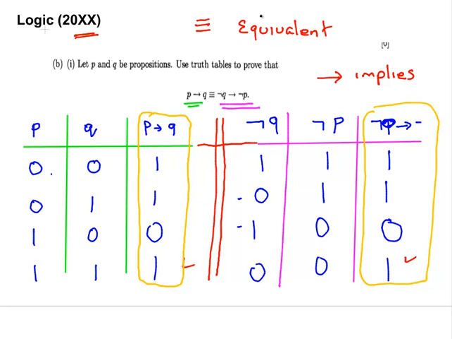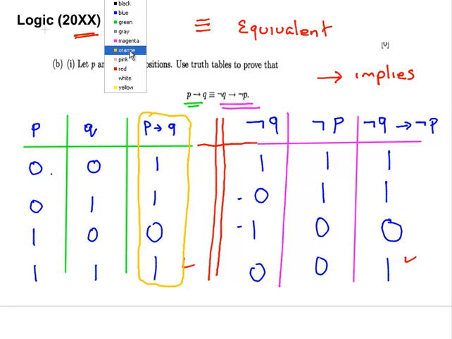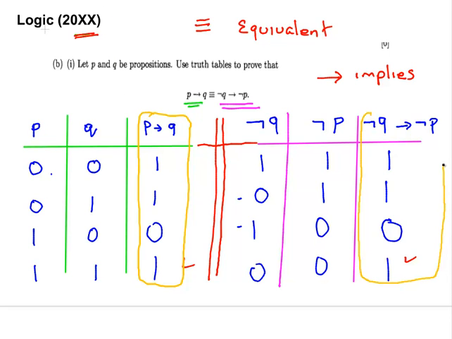So that's not Q implies not P. Okay. And again, that was similar. So these two are exactly the same. So just make a little statement about that in your question. Alright, that's a proof by truth table.